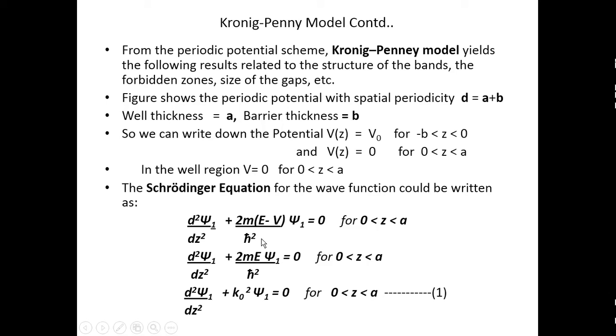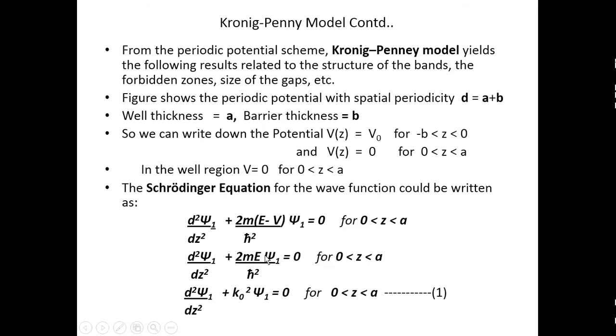So that is why this V is equal to 0. So since V is equal to 0, this equation becomes d square psi 1 by dz square plus 2mE psi 1 by h cut square is equal to 0 for 0 less than z less than a.